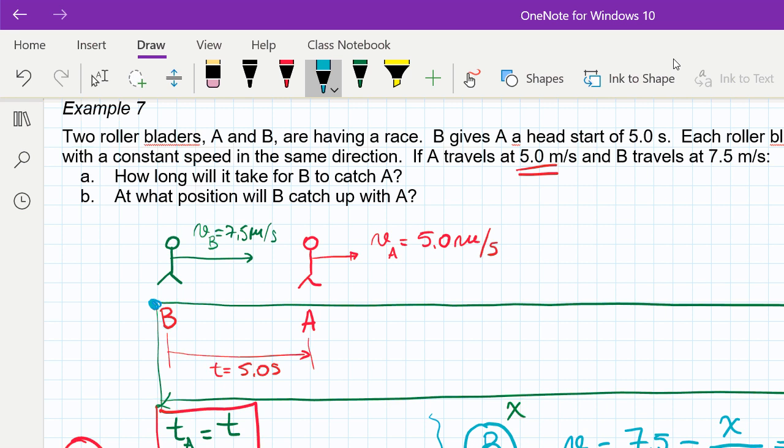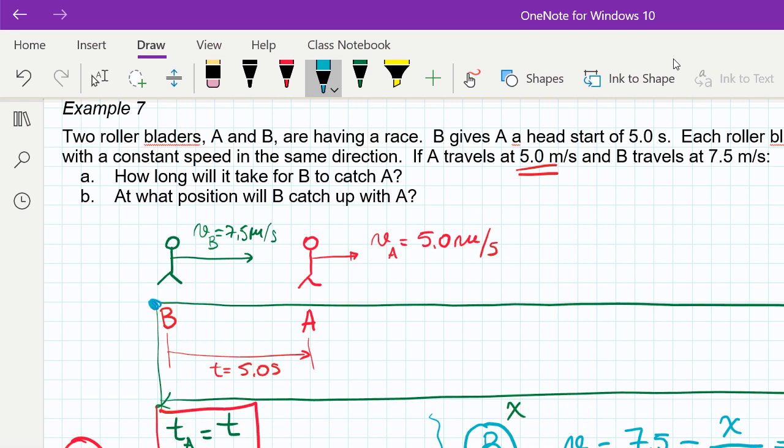That we don't know, we said that is x over TB, where, from the relationship we figured out before, TB is the time that A is traveling minus 5, because B is giving A a 5 second head start.